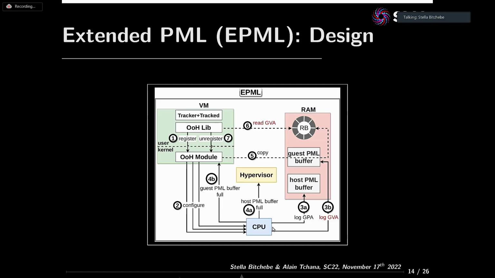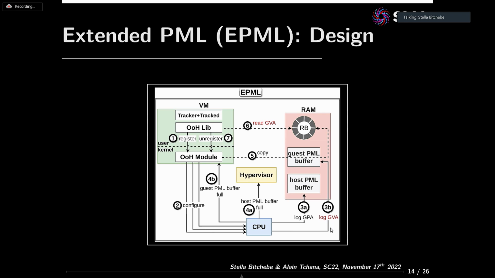So now, when the processor logs a guest physical address, we modify the PML functioning so that the processor also logs the corresponding virtual address to another buffer that we add, called the guest PML buffer. And we add the address of this buffer in a region of the VMCS that is accessible by the guest via VMCS shadowing.